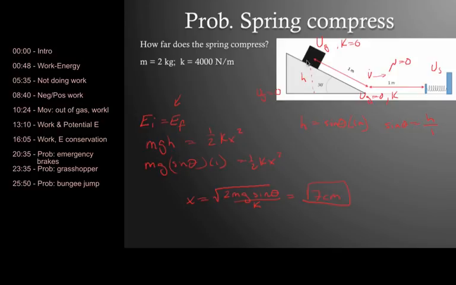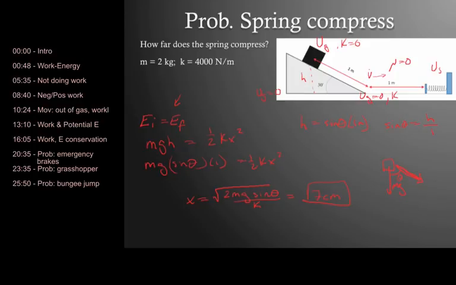So another way is to think about what is the work done on this box. And so here we have the box right here, and the force of gravity is down, but the displacement is in this direction. So then I really need to think about this theta here.